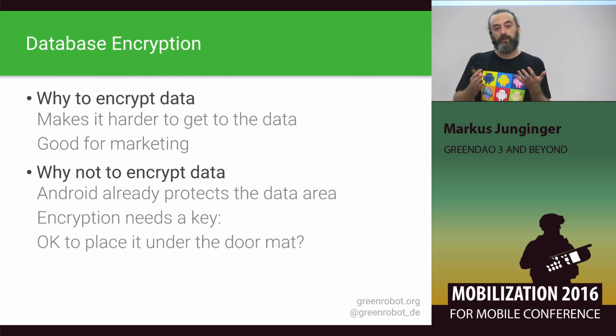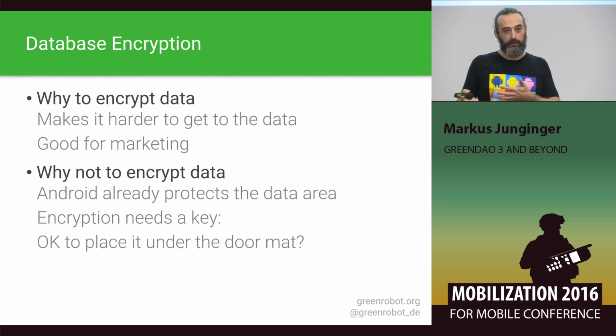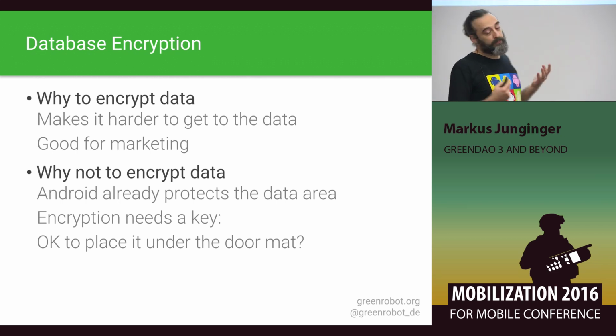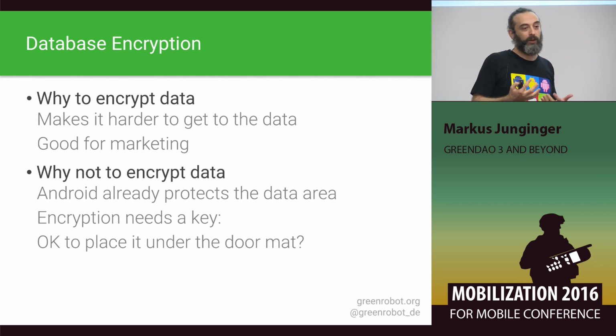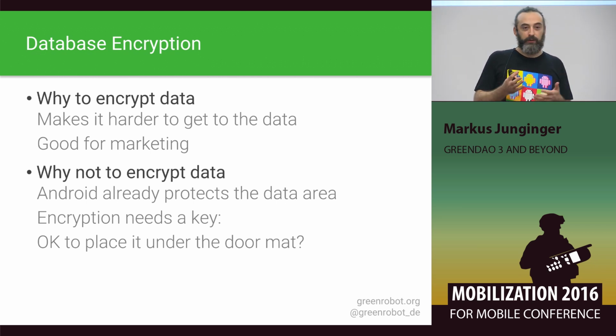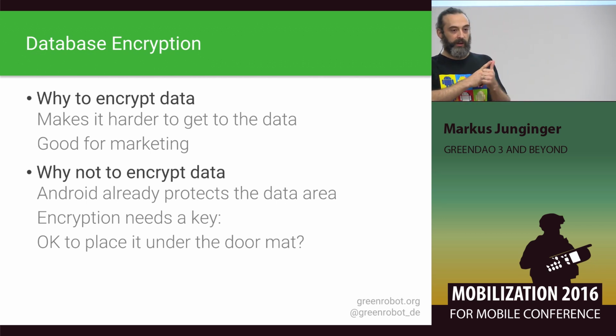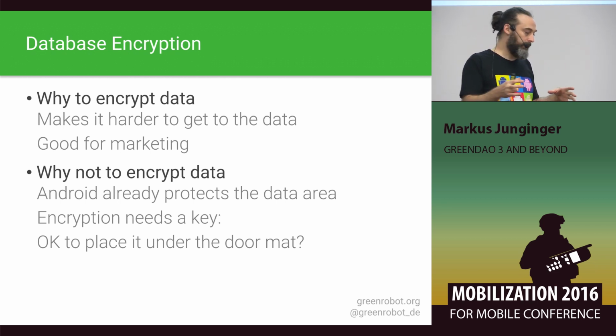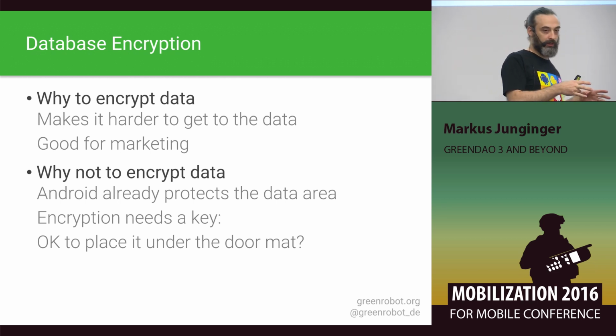So there are reasons to do it, and there are reasons to not do it. When you encrypt your database, of course, you make it harder for some attacker to get your data. On the other hand, Android already protects your data. The device might be already encrypted, and of course, you have this directory only your app can use.